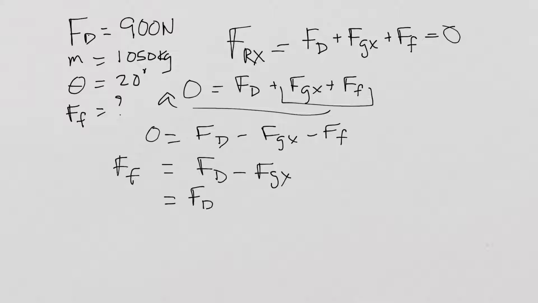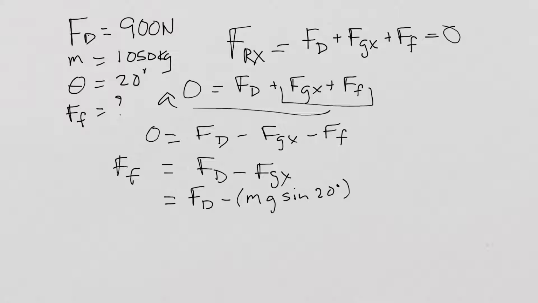Minus, now how do I break FGX down? How do I actually get a numerical value for FGX? Yeah? We do the mass of the object times 9.8 newtons per kilogram times sine of 20. Is everyone in agreement with that?